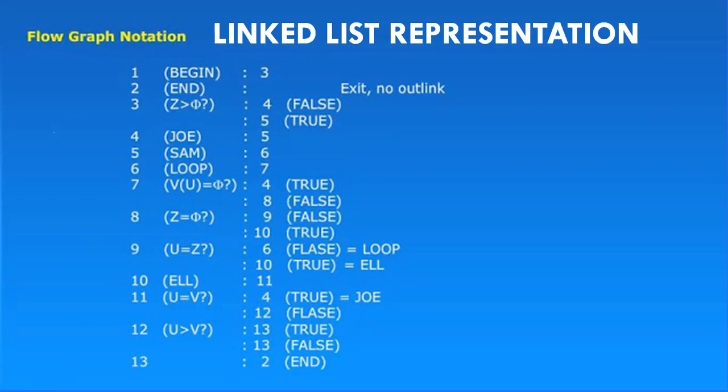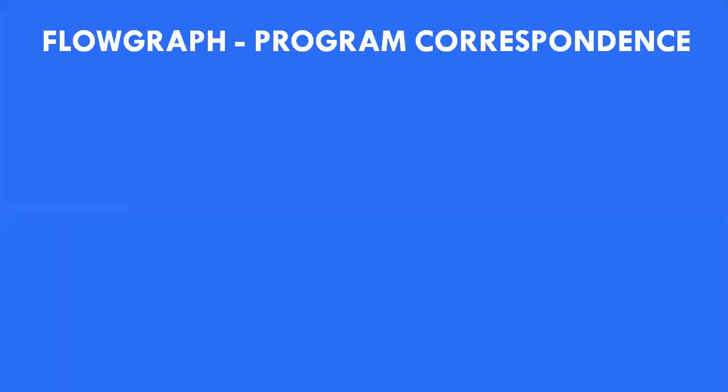Now let us see the flow graph program correspondence. A flow graph is a pictorial representation of a program and not the program itself, just as a topographic map is.